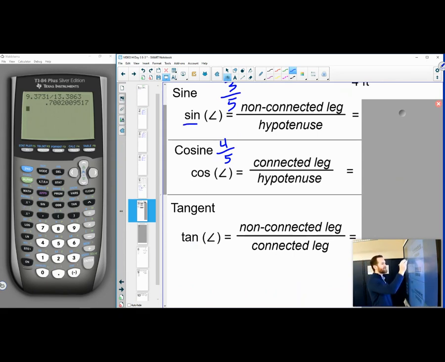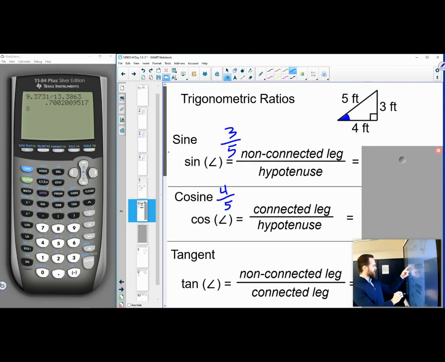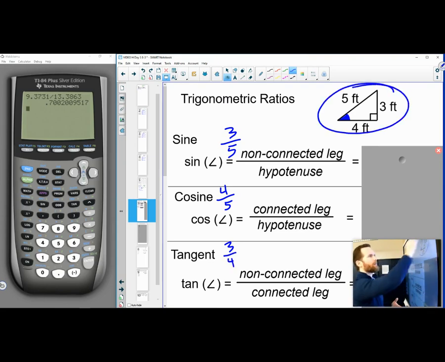I don't want to hear anyone saying sin, cos, or tan. It's sine, cosine, and tangent. Anyways, back to tangent. We would read this as tangent of the angle, and that's the non-connected leg over the connected leg. Let's get the numbers there. So the non-connected leg is 3, and the connected leg is 4. So we just found our trig ratios, our trigonometric ratios for this triangle.